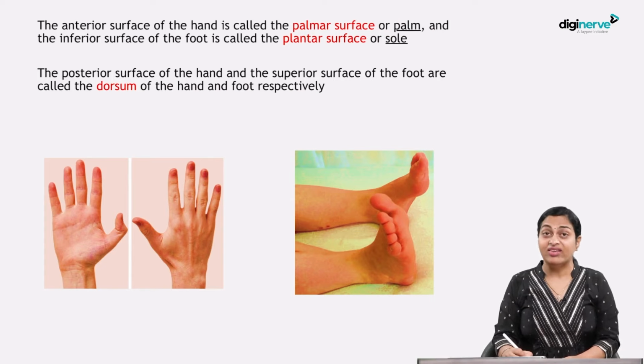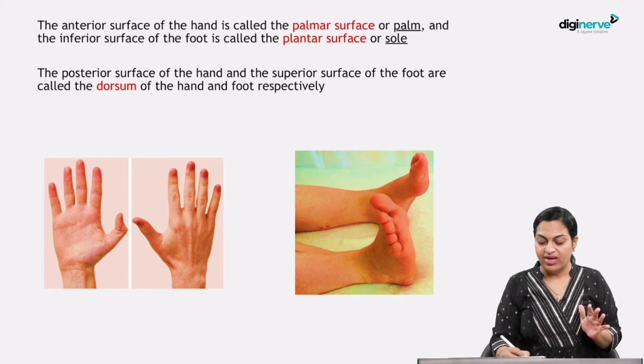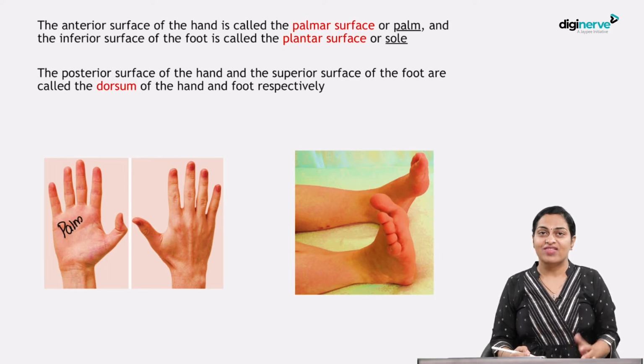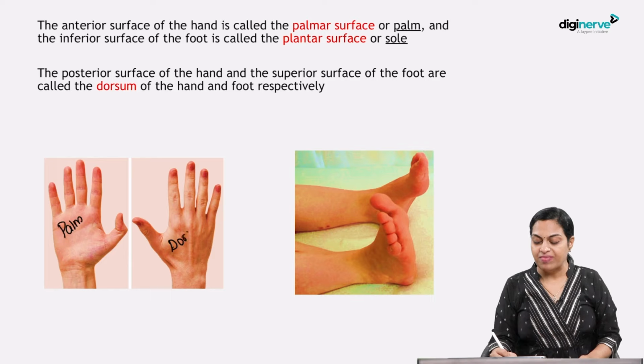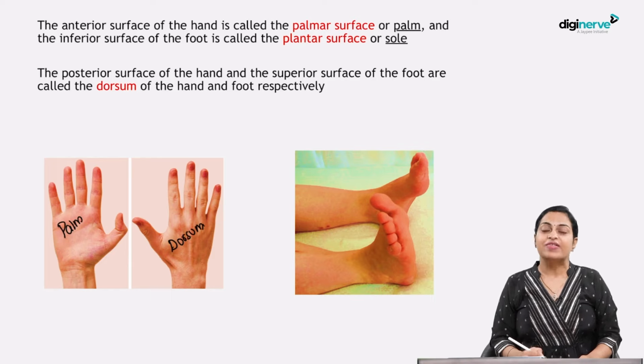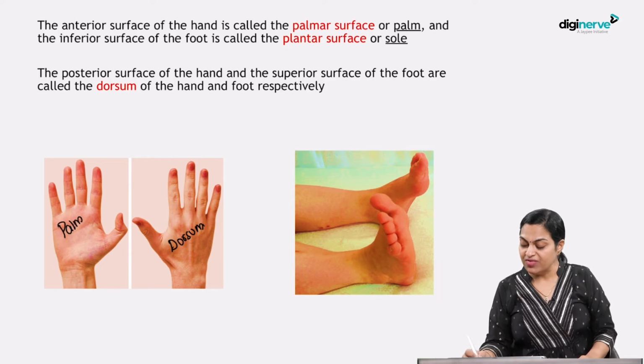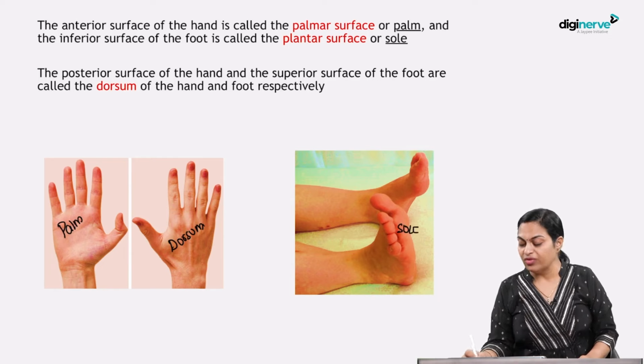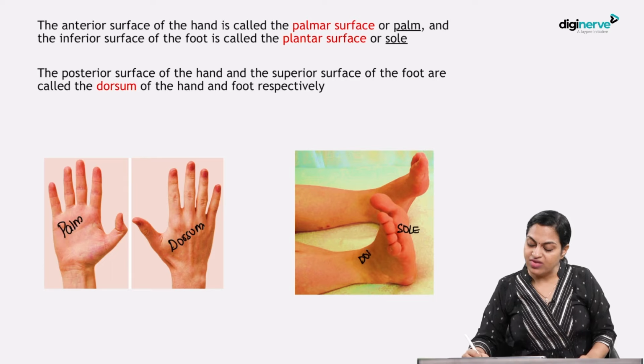The anterior surface, the ventral surface of the hand, we are going to call palm. Whereas the back of the hand is the dorsum. Similarly, in the foot, this will be the sole of the foot and this is dorsum.